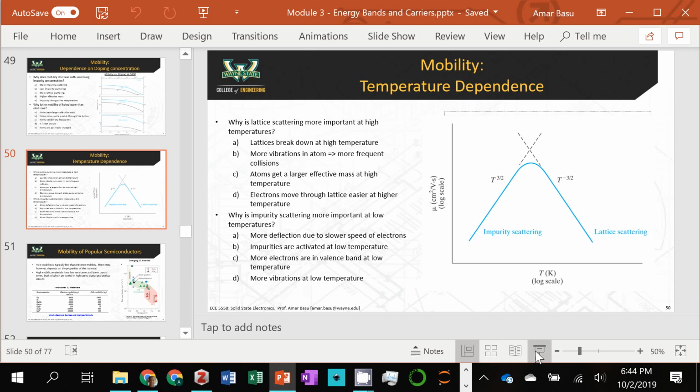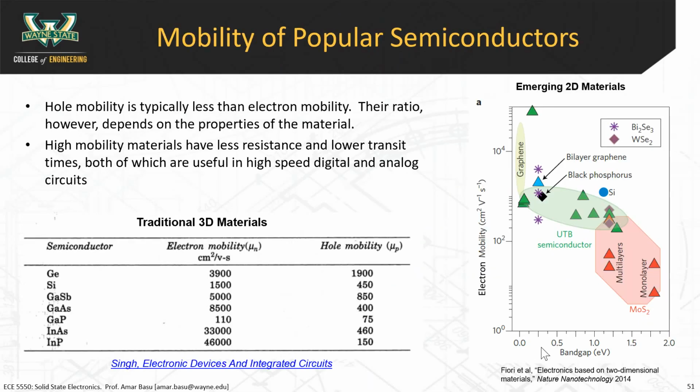All right, so here's the mobility of some popular semiconductors. As you'll see, the hole mobility is often less than the electron mobility, as we just talked about. This is a chart of traditional three-dimensional materials like silicon, germanium, gallium arsenide, indium arsenide, indium phosphide, and so forth.